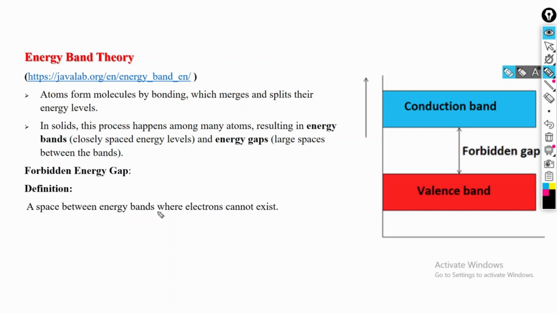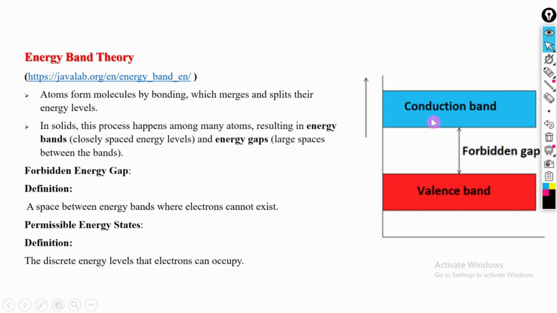The space between the energy bands where an electron cannot exist is called the forbidden energy state or forbidden energy gap. Similarly, the permissible energy states are those discrete energy levels that an electron can occupy.